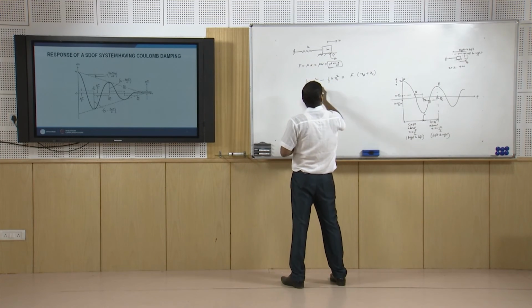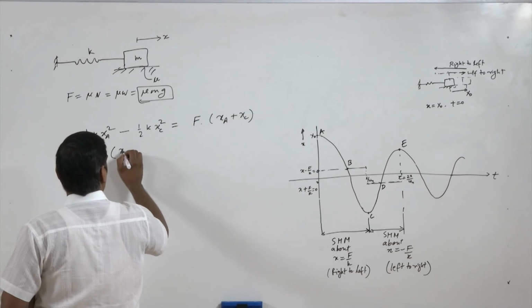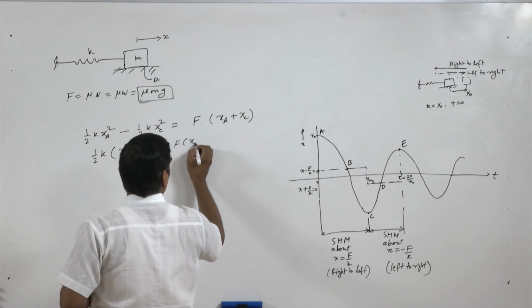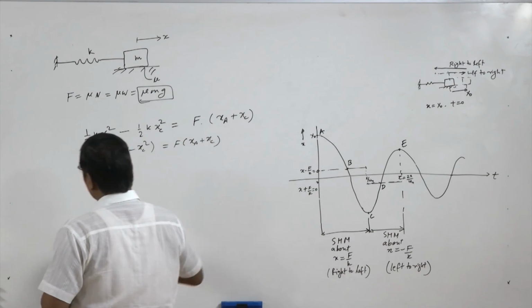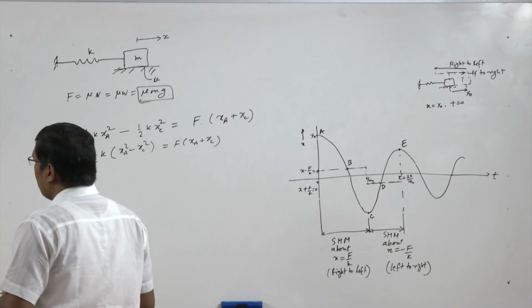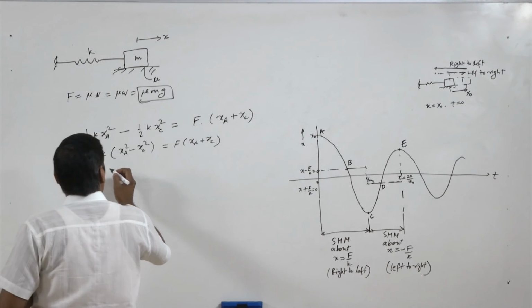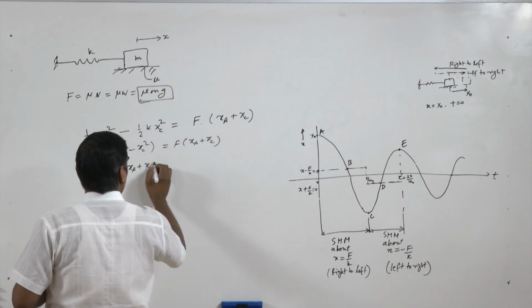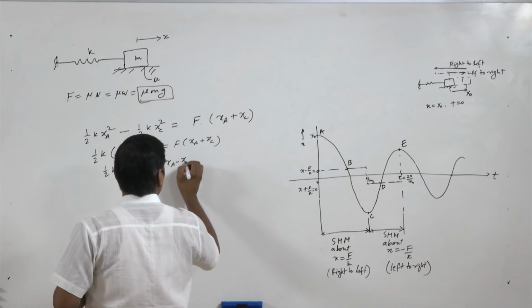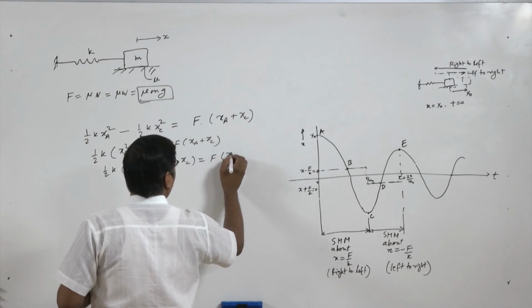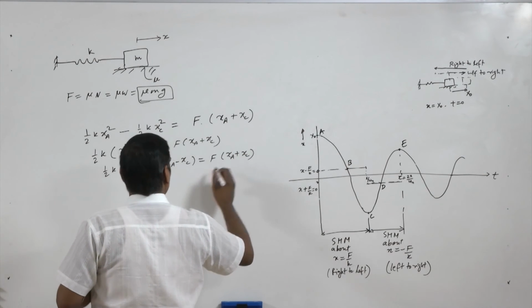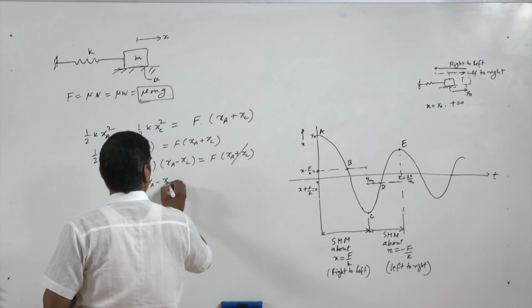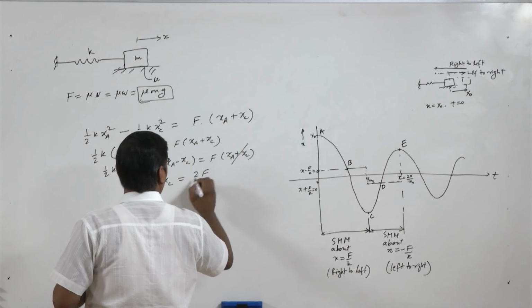Now we can write half K times XA square minus XC square equal to F times XA plus XC. So half K XA plus XC into XA minus XC equal to F times XA plus XC. So XA plus XC will cancel out, and we will get XA minus XC equal to 2F by K.